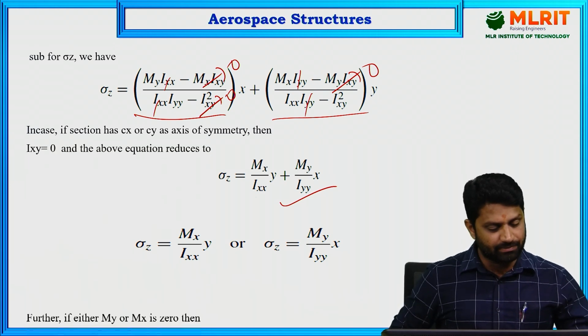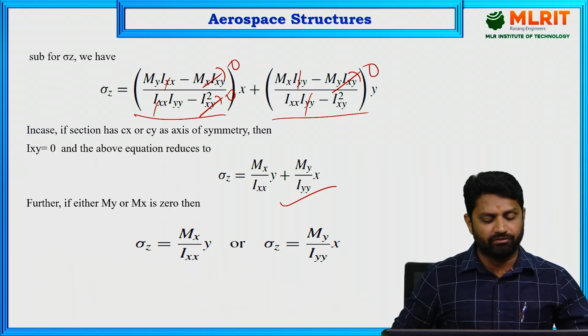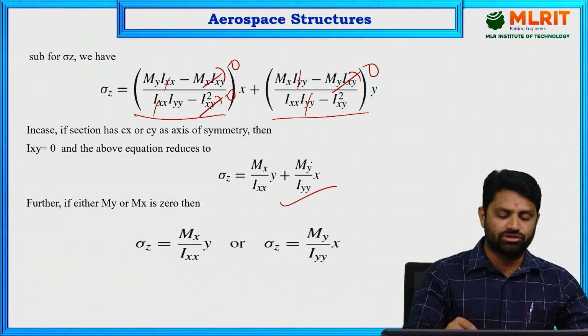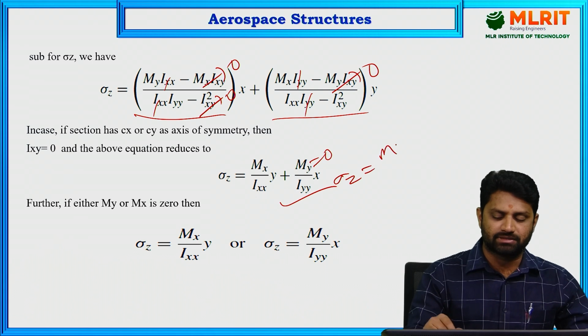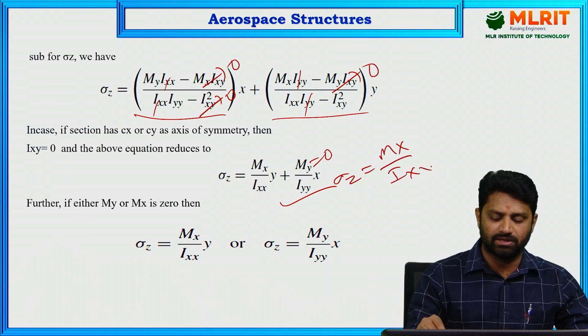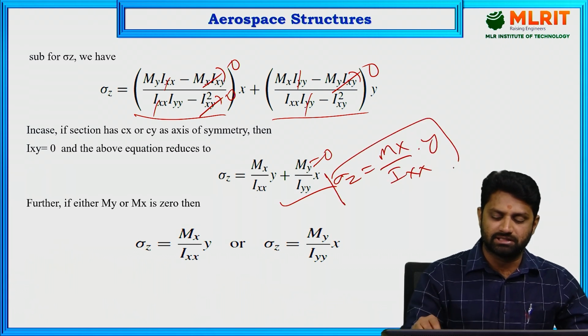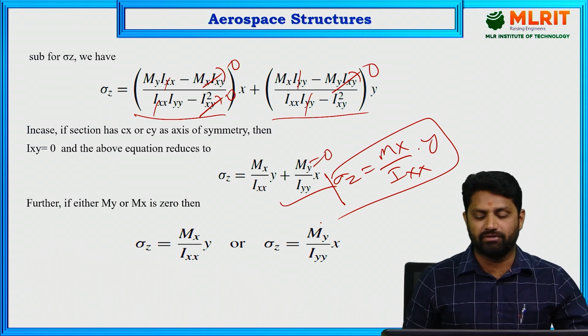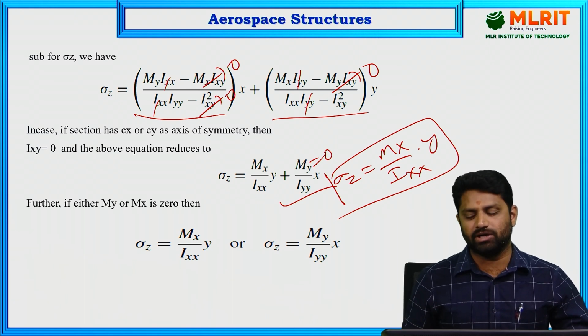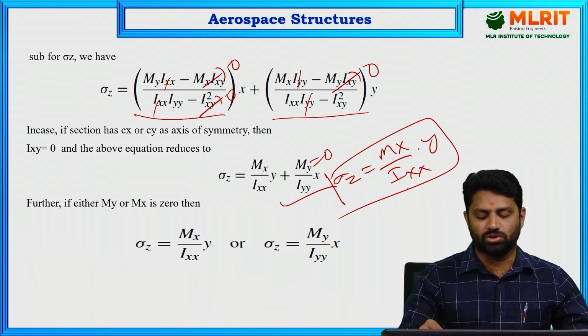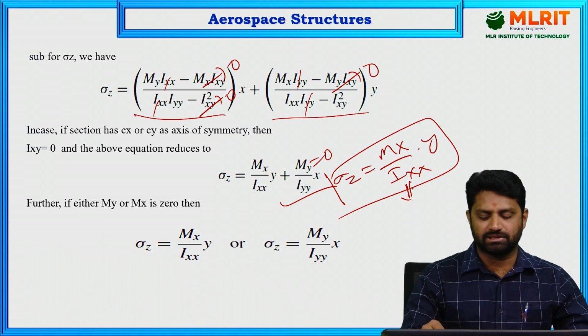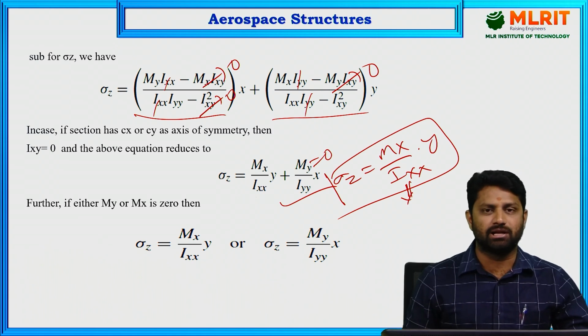And if either mx or my is 0, for example if we assume my equal to 0, then you get sigma z equals mx by Ixx into y, which is nothing but the symmetrical bending stress formula. If you try to remember, sigma equals m by I into y. So the symmetrical bending stress formula is derived from the unsymmetrical bending of beams.